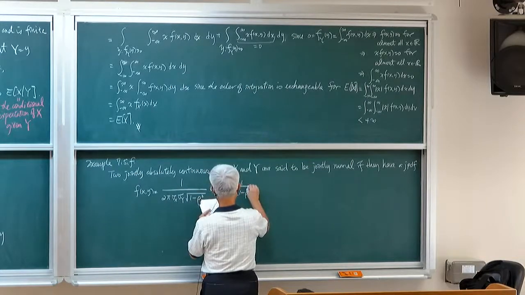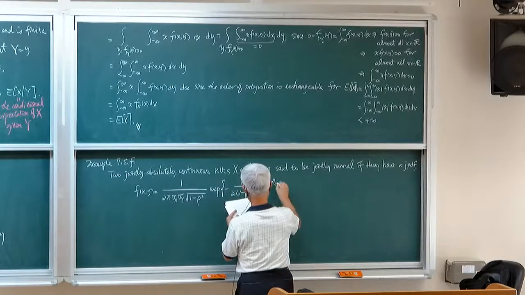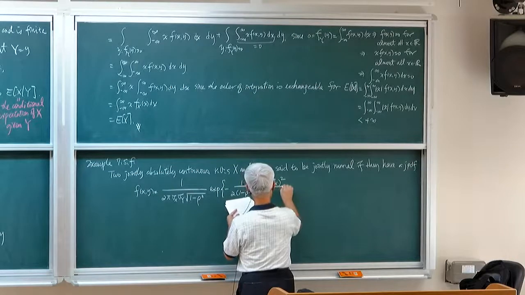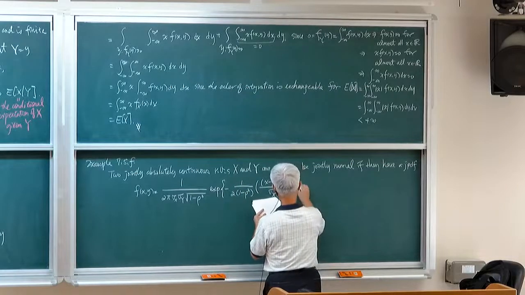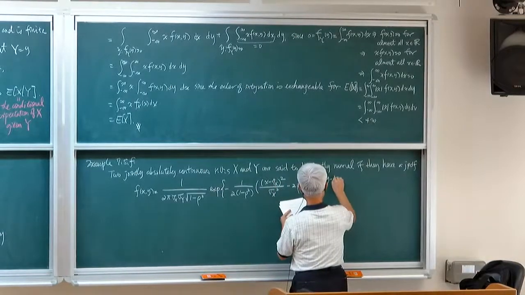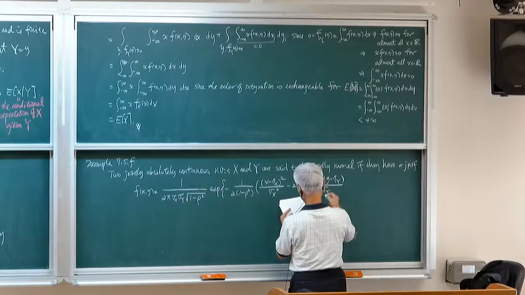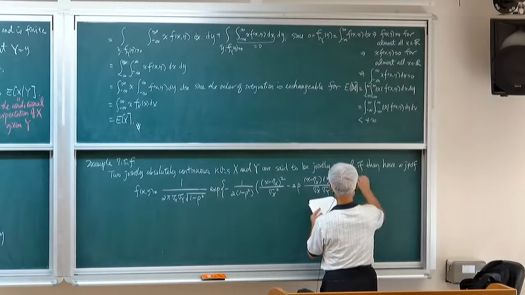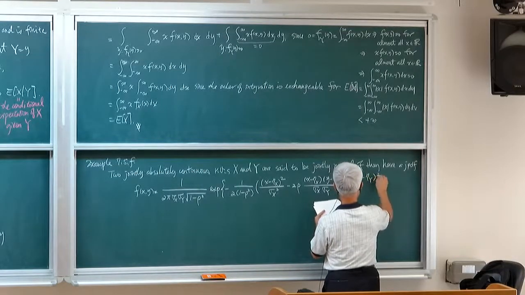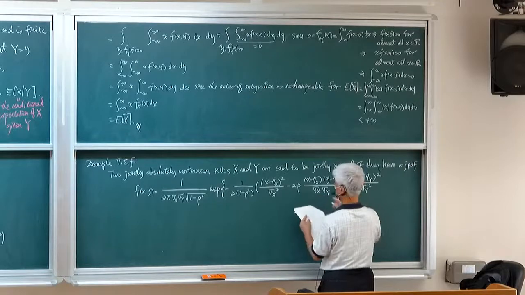Minus 1 over 2(1 minus rho square) times [(x minus eta x) square over sigma x square minus 2 rho (x minus eta x)(y minus eta y) divided by sigma x sigma y plus (y minus eta y) square divided by sigma y square].